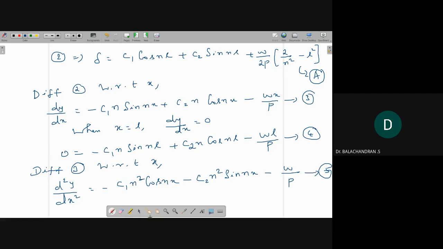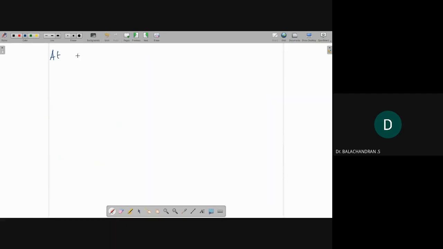Okay, at the free end O, there is no bending moment.